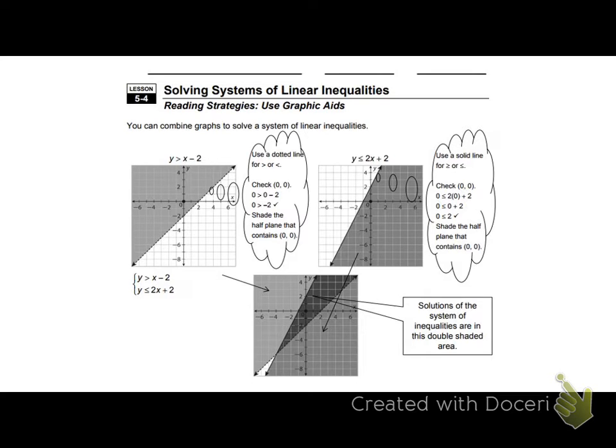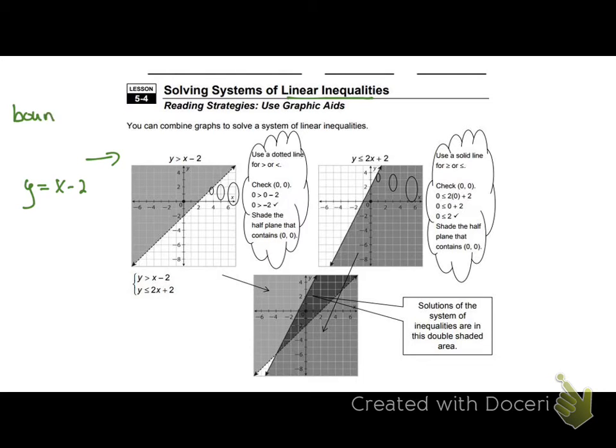What we have here is the inequality y greater than x minus 2. So how we would graph that is we would just do y equal to x minus 2. The lines that we have in systems of linear inequalities, we call those boundary lines.